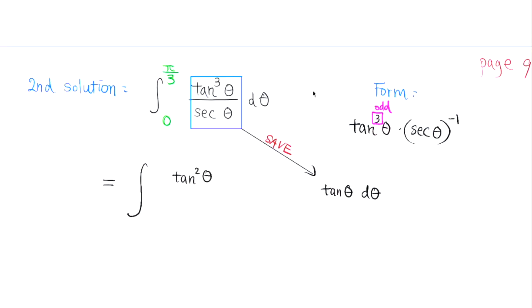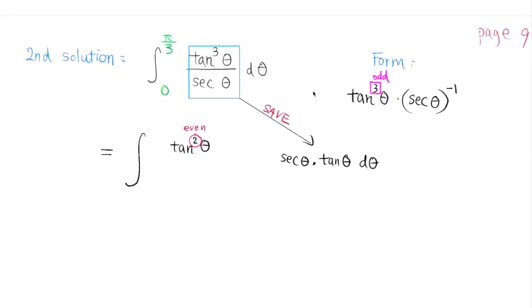Now only saving a tangent theta with d theta is not enough. We need to save a friend together with this tangent theta. So we need to save secant theta together with the tangent theta, because this way, this is going to become d of secant theta.